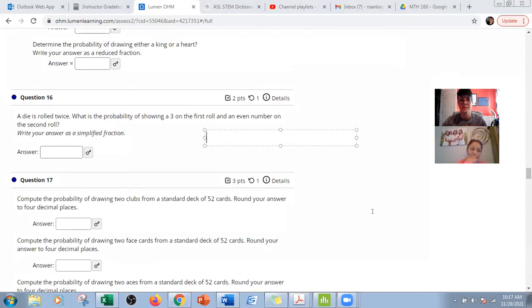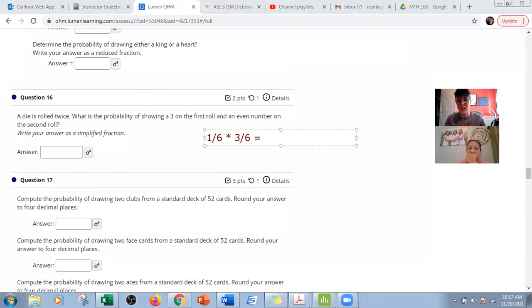So what I did was, because I know there's 1 3, so 3 over 6. No. You just said there was 1 3 on a die, so how can it be 3 over 6? Oh, maybe that's what I did wrong. So it was supposed to be 1 out of 6, and then 3 out of 6. Yes.